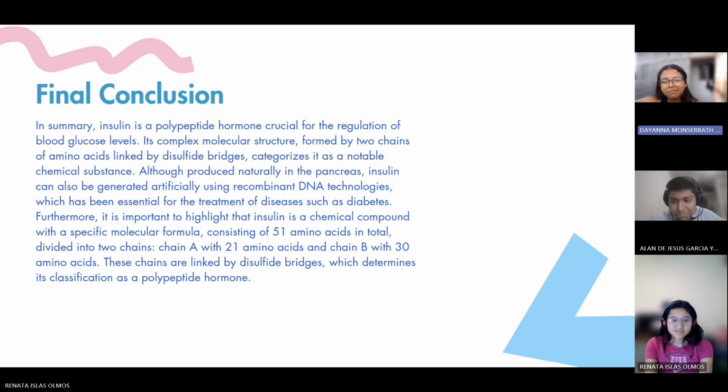Final conclusion. In summary, insulin is a polypeptide hormone crucial for the regulation of blood glucose levels. Its complex molecular structure, formed by two chains of amino acids linked by disulfide bridges, categorizes it as a notable chemical substance.